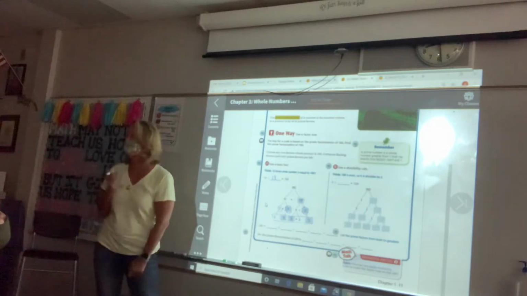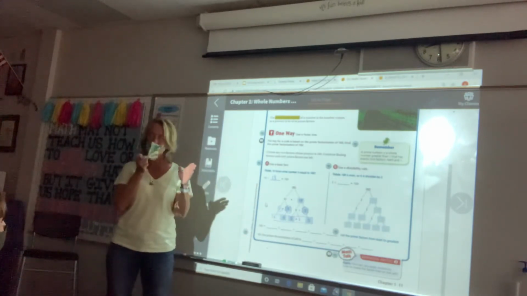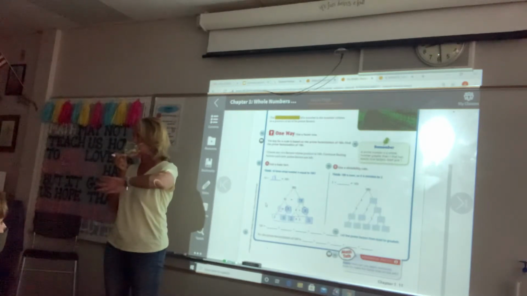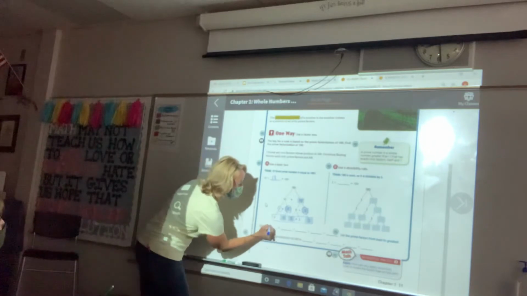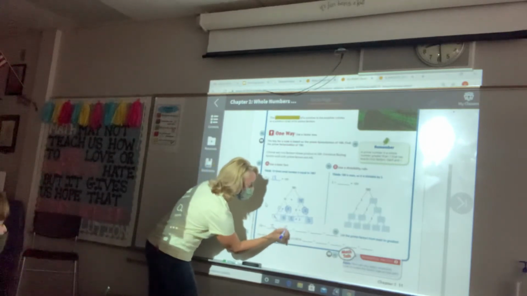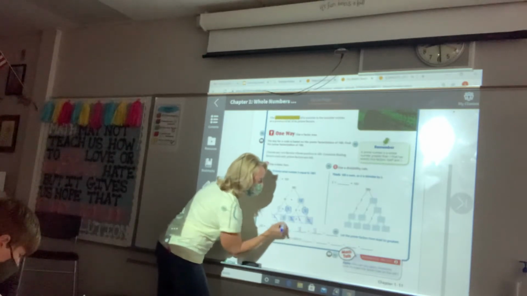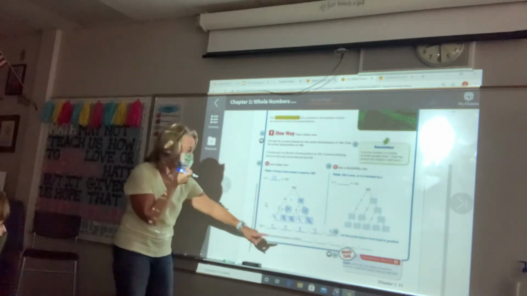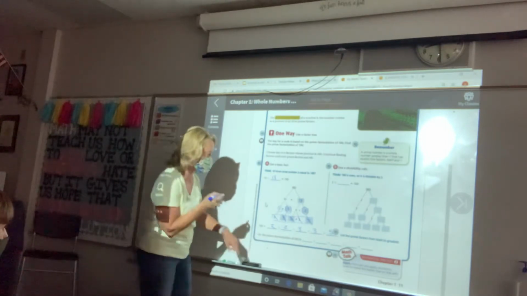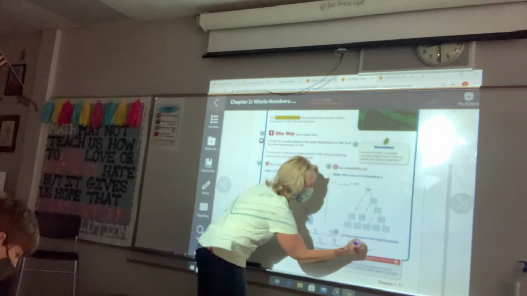So when we show prime factorization, you need to put the numbers in order from least to greatest. Okay? So 180 equals 2 times 2 times 3 times 3 times 5. So the prime factorization of 180 is 2 times 2 times 3 times 3 times 5. Okay?